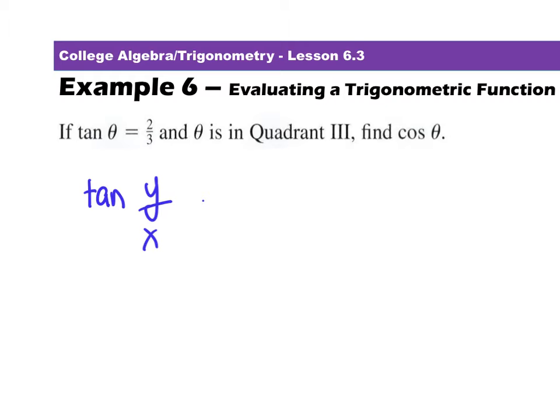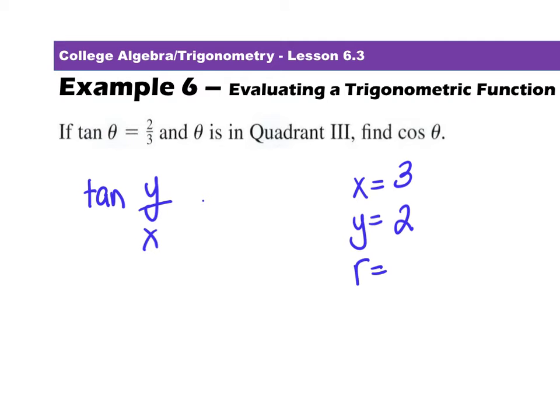So let's talk about the information that they gave us here and what we know given this information. Tangent is 2 over 3. So if I have to have an X value, a Y value, and an R value, what do I already know just by the statement tangent of theta is 2 over 3? Y is 2, and X is 3.